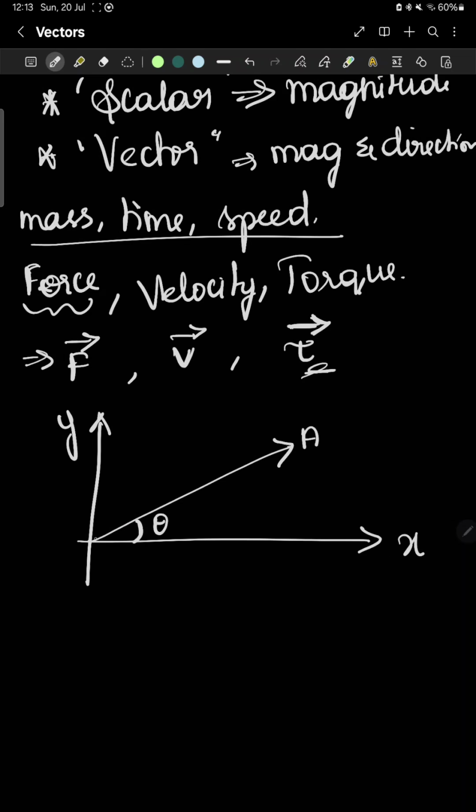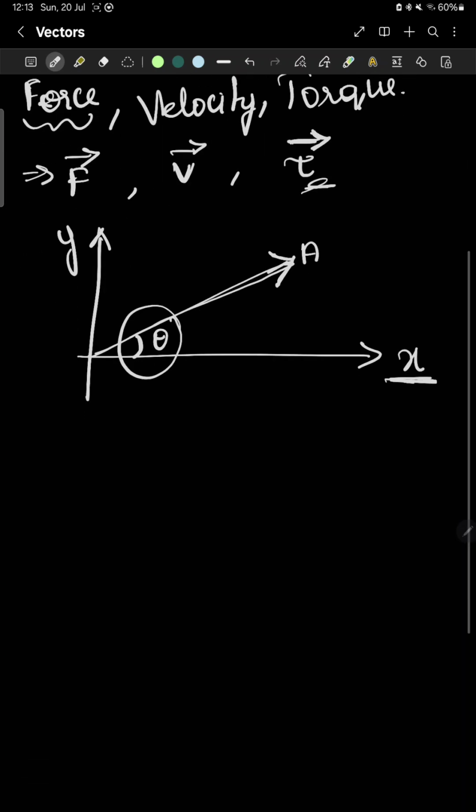The length of this line represents the magnitude of that quantity, and the arrow mark represents the direction in which it is moving. It makes some angle with a reference line, here considered as the x-axis. These are the things we have to know before jumping into vectors.